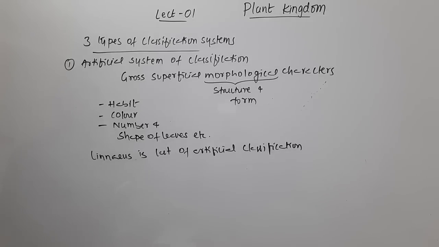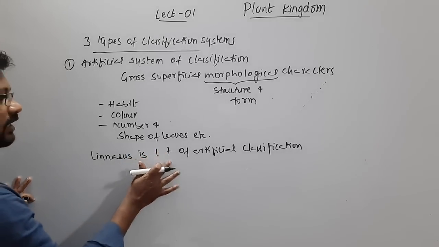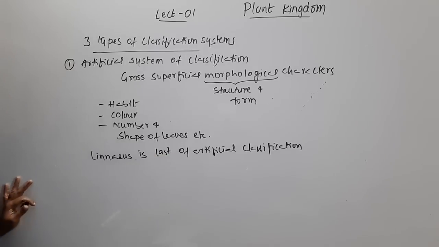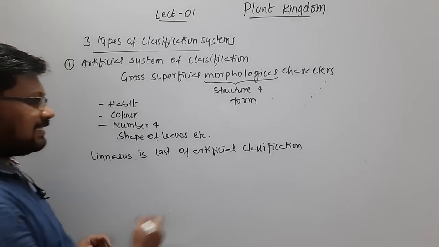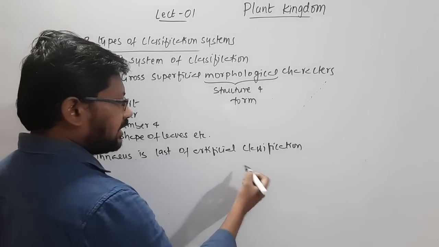Even though it is an artificial system, Linnaeus considered a few characters on reproduction of the plants, that is, he considered androecium.